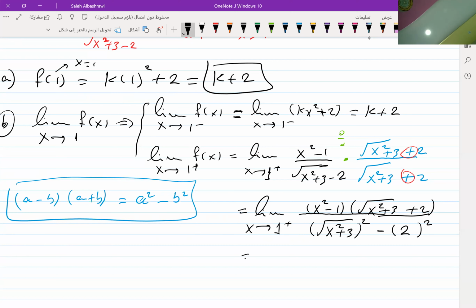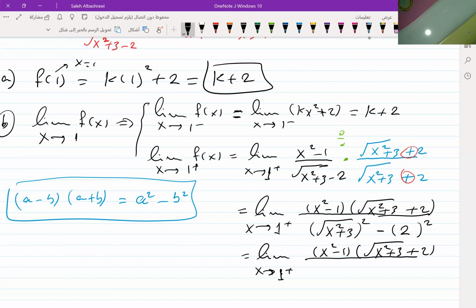So I will have the limit as x goes to 1 plus of x squared minus 1 multiplied by square root of x squared plus 3 plus 2, divided by down.